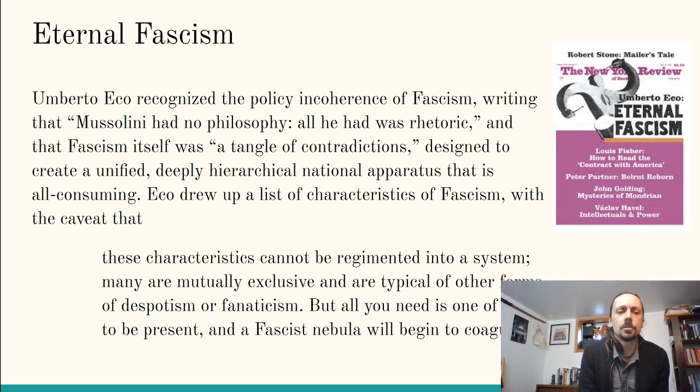Fascism is contradictory. What you want is hierarchy and power, mostly, in fascism. And however you achieve that at the level of policy, it doesn't matter. You don't need to be consistent. The only thing the Nazis were really consistent about were their racial policies.